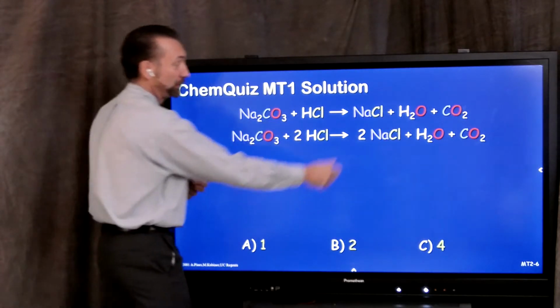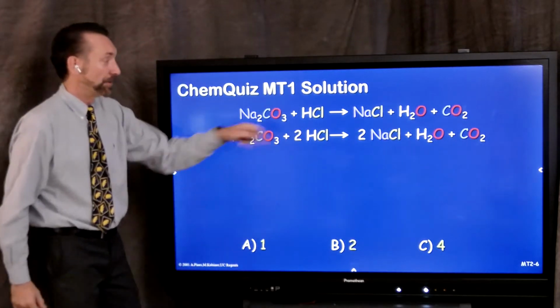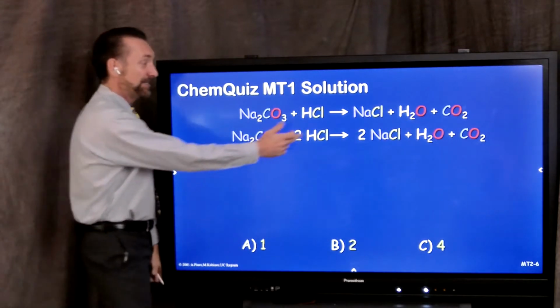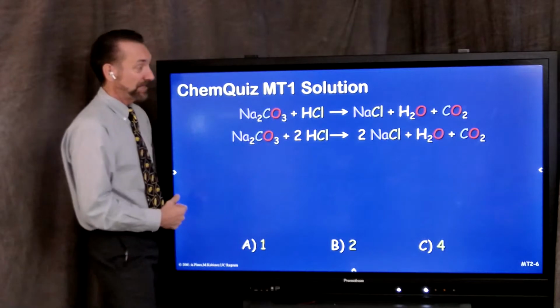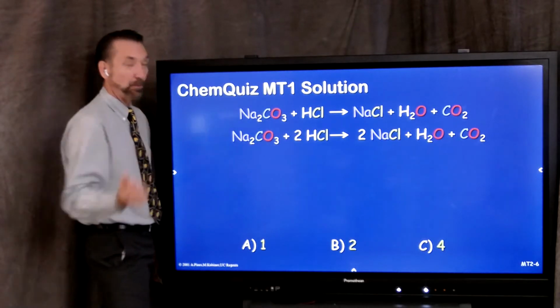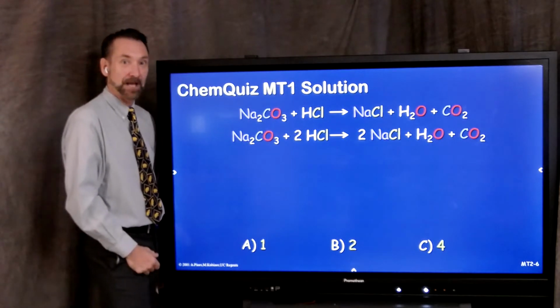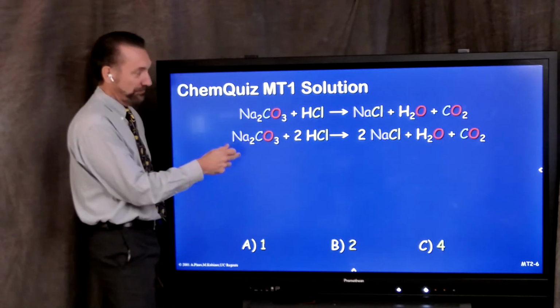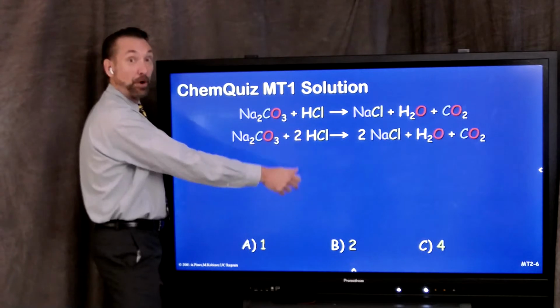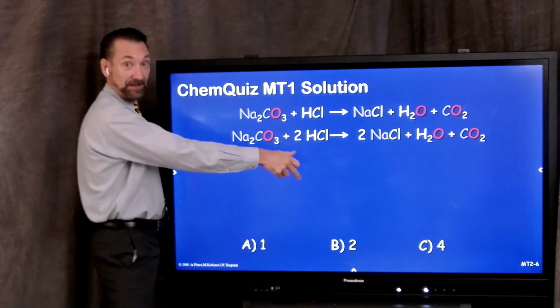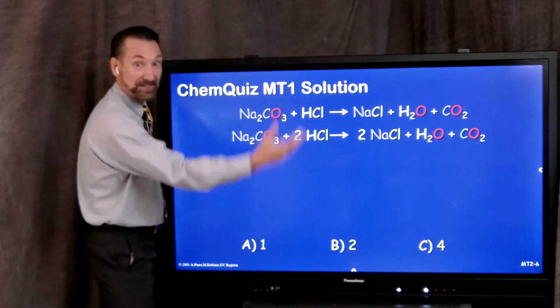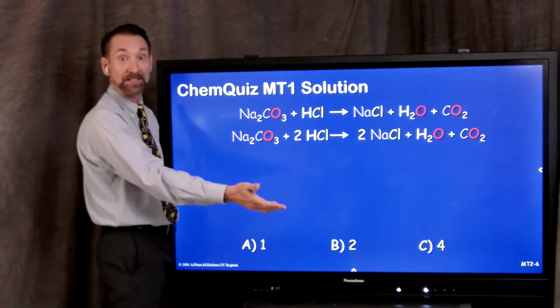There's 2 required for the HCl. So that means 2 moles of HCl will react with 1 mole of sodium carbonate. So you react 1 mole of sodium carbonate, you use up your whole 2 moles of HCl, and then the reaction has to stop because there's no more HCl left.